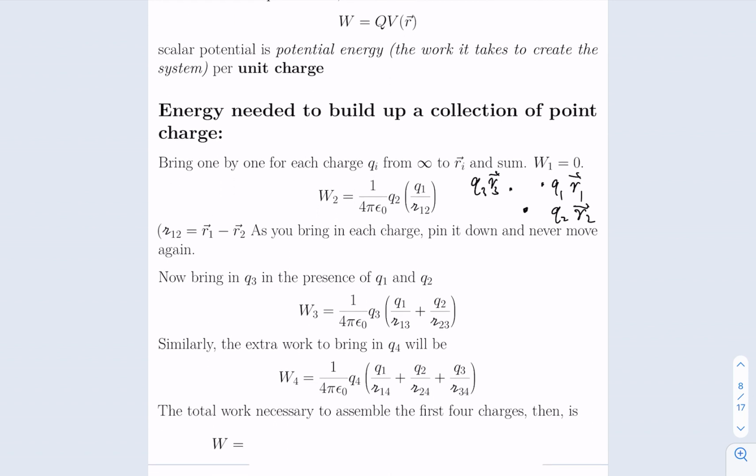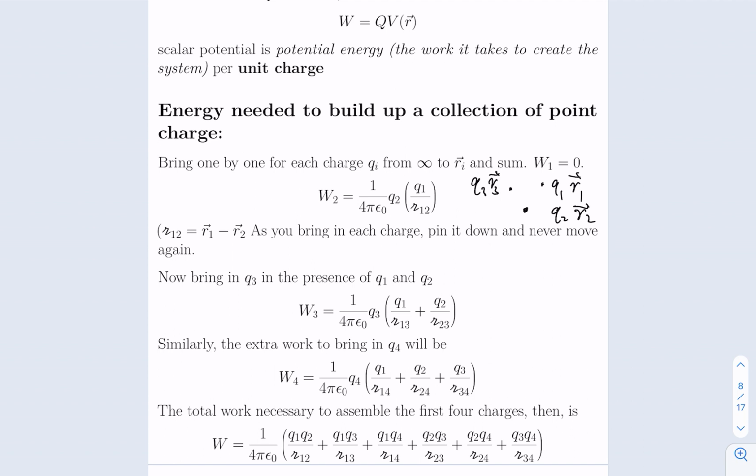To get all these charges, you really sum them together, and now the total work, if you look at it in the first sight, might be messy. There are in total 1, 2, 3, 4, 5, 6 terms, right? And this is a long expression, and if we add more and more, there will be a messy term.